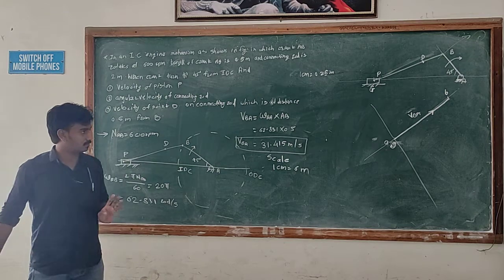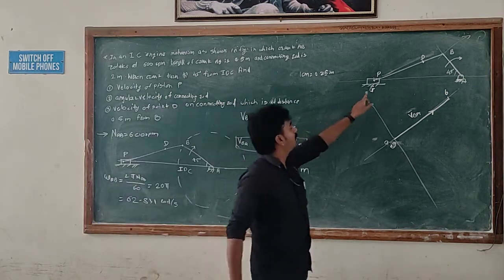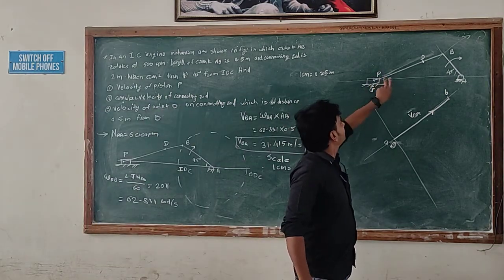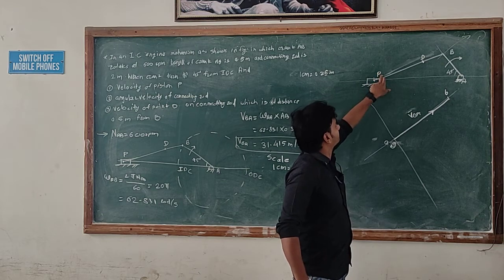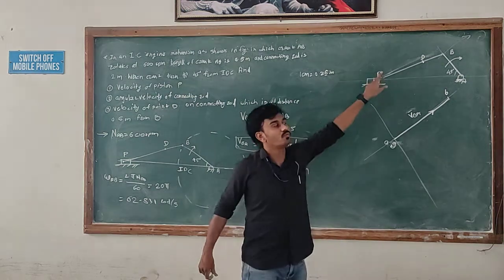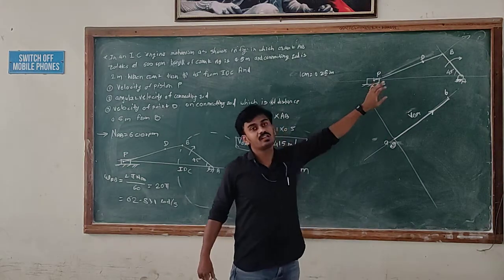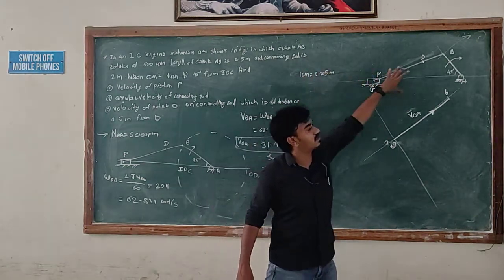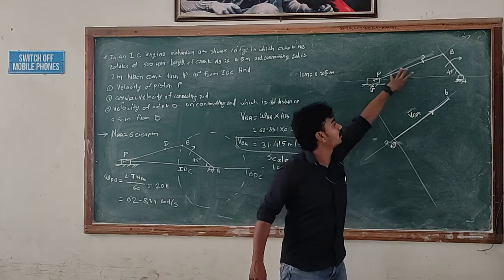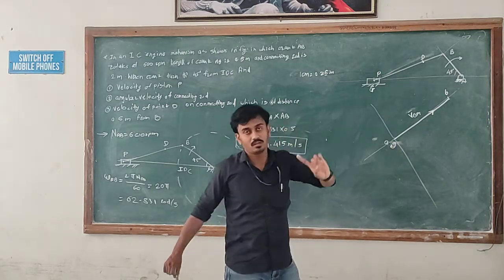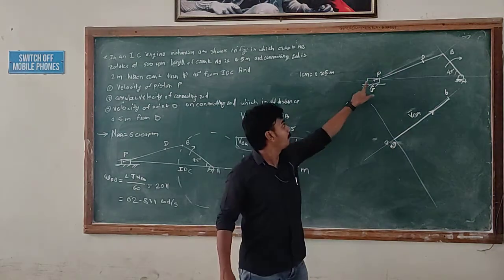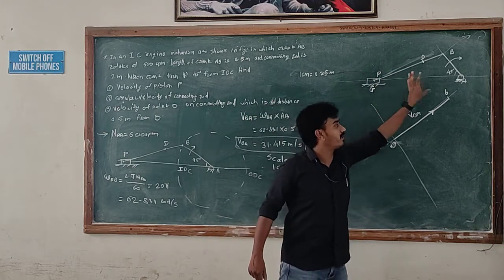Now, the point P is on a slider, and its motion is horizontal, or along this stroke line. The motion of the point P is along the stroke line.